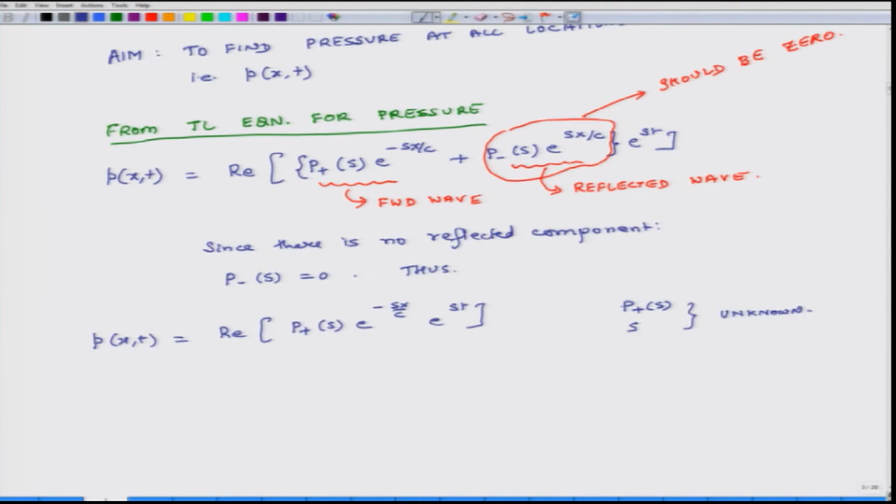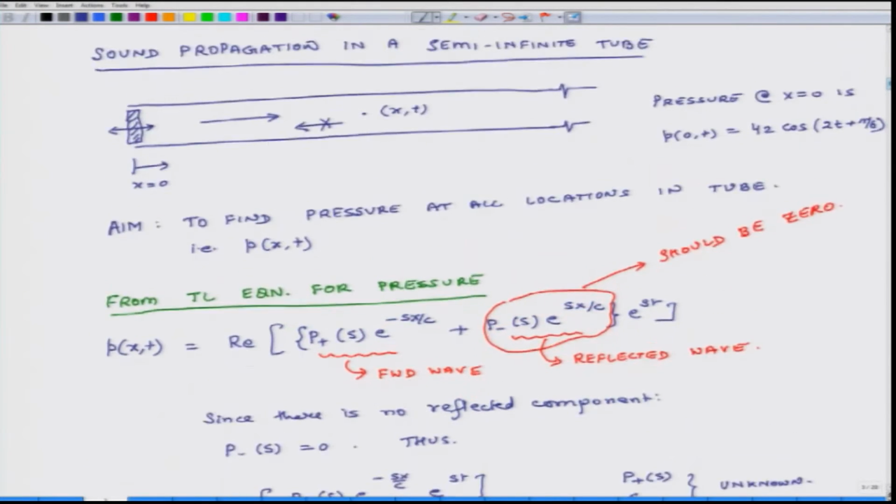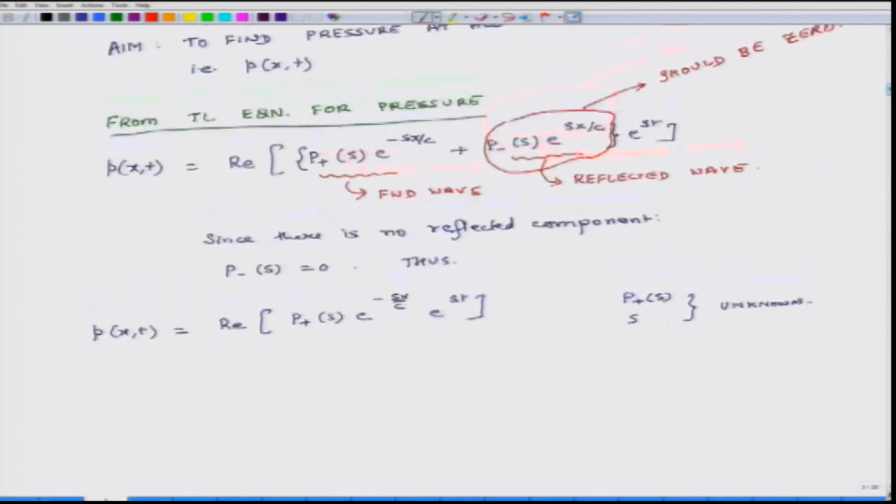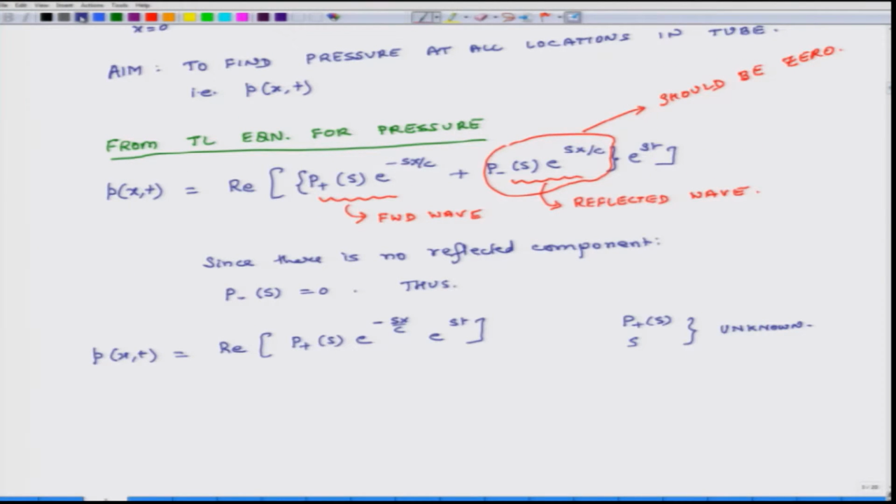So, this thing we find out from the fact that at x is equal to 0, we know that pressure is 42 cosine 2 t plus pi over 6. So, let us call this equation number 1, and then we will say from boundary condition, which I call BC, at x is equal to 0, we know, so what do we know?